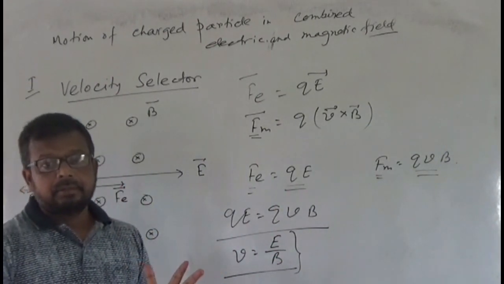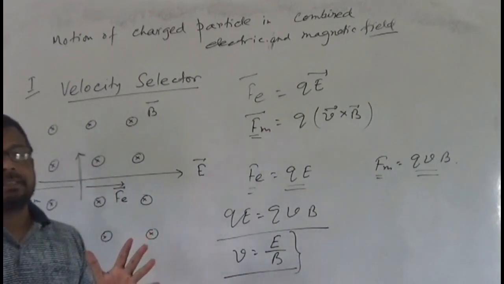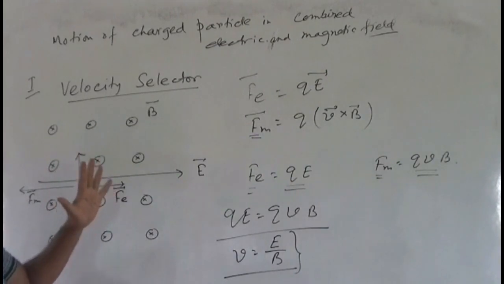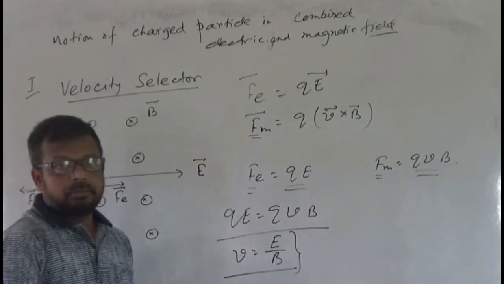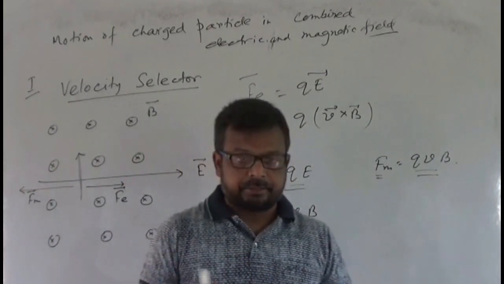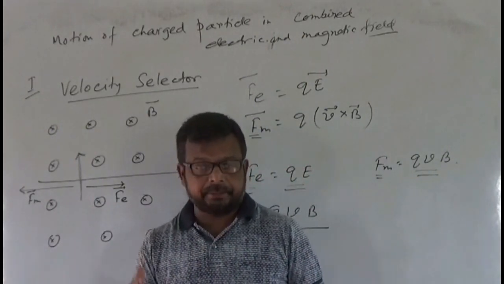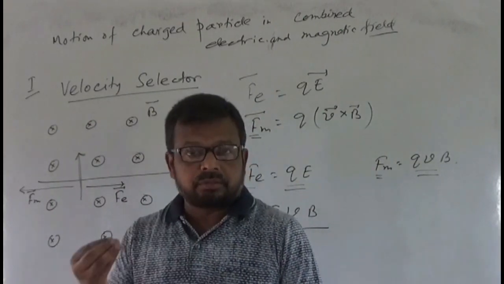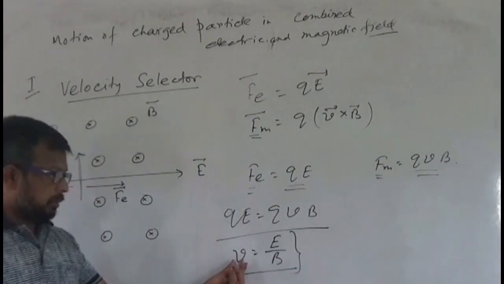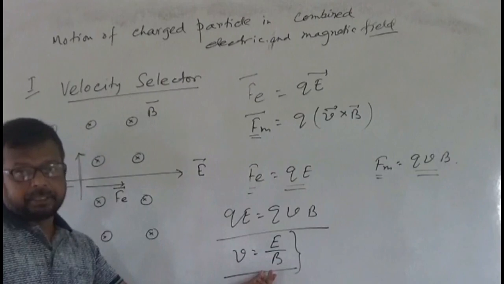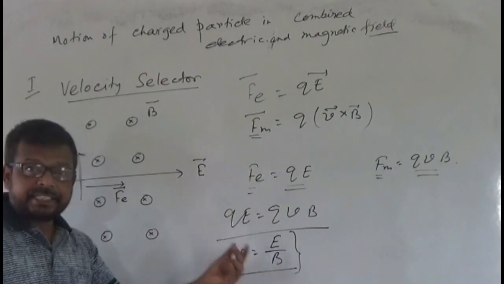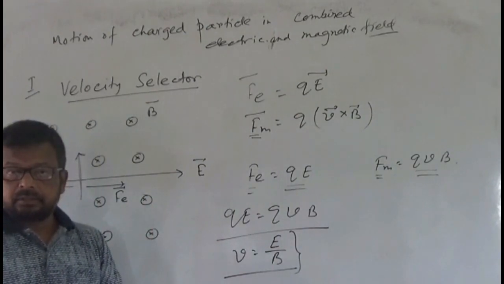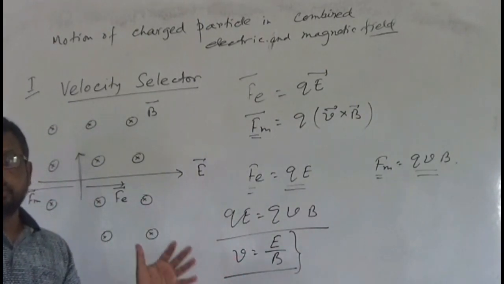Then these particles will move in an undeflected path. The particle will not be deflected by the electric and magnetic fields. And a particle with velocity not equal to E by B will experience a force, and that force will deflect its path.